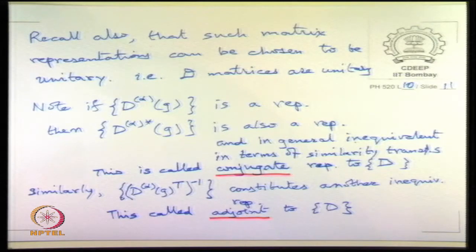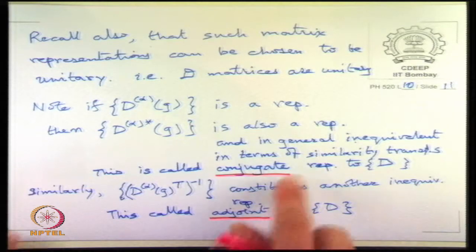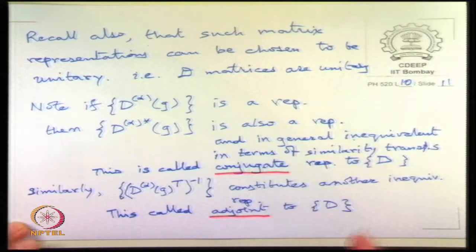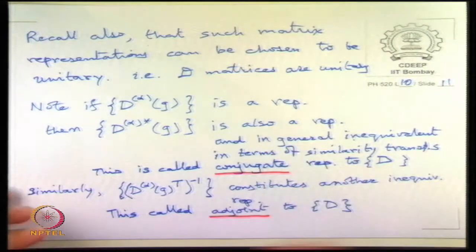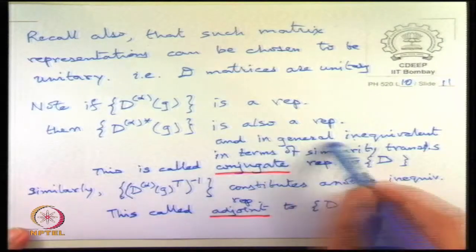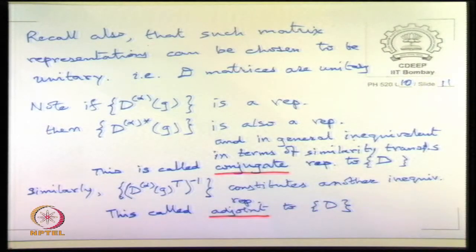We will see that there are some accidental cases. For very small groups, it turns out that sometimes the two can actually coincide. So that's why I said in general it is inequivalent. But there are some special cases where they are equivalent under a similarity transformation.